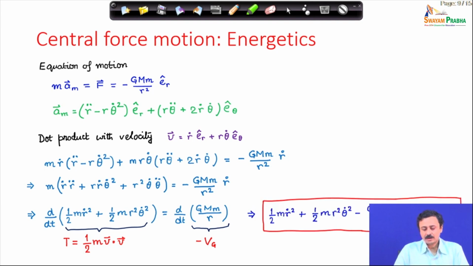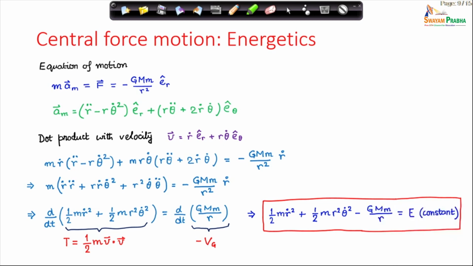Therefore, I can bring the right hand side to the left hand side and say that d dt of a certain quantity is equal to 0, which means that quantity cannot change in time, and that is the total mechanical energy of the system, and that happens to be a constant because d dt of this quantity is 0. So, this quantity itself must be constant, and that is the total mechanical energy. These things we have discussed in the work energy relations.